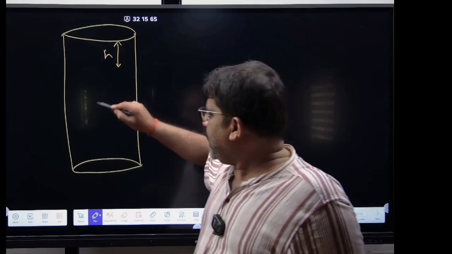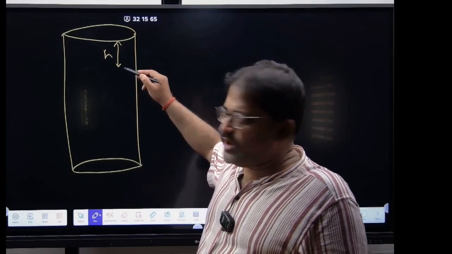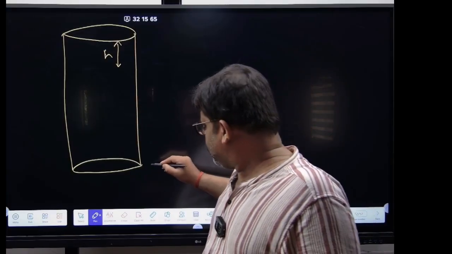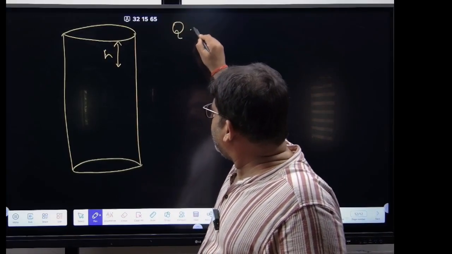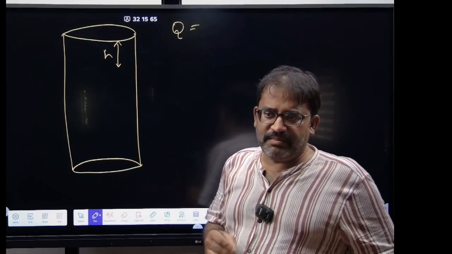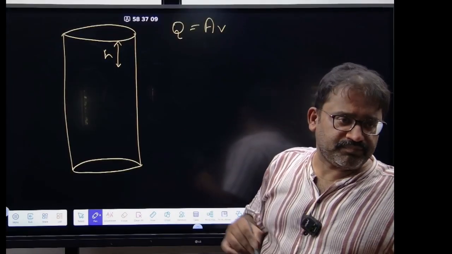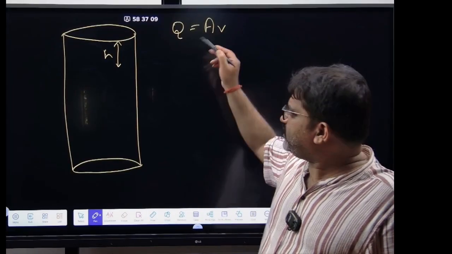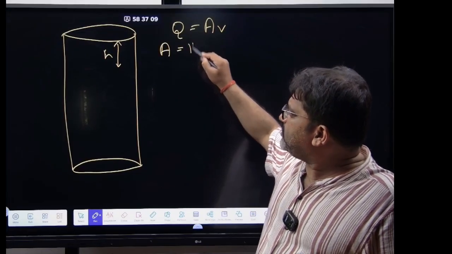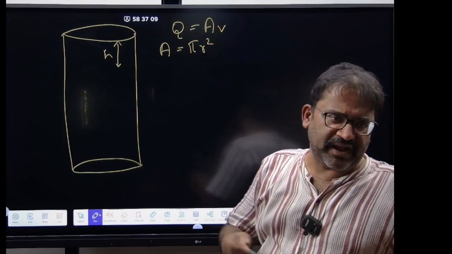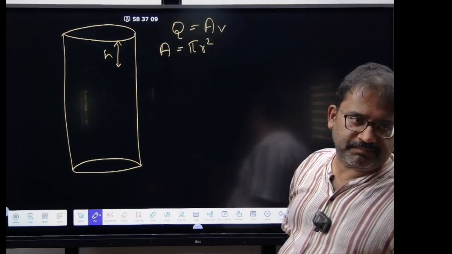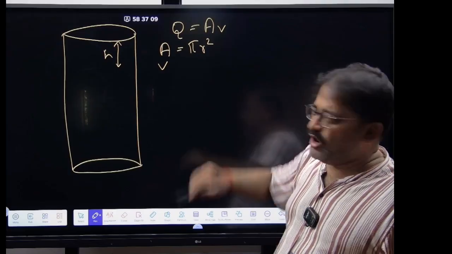And we have to calculate the rate of flow of fluid. The rate of flow of fluid is given by A into V. A is the area, given by pi r square, that we have got. But now we need to find out the velocity.